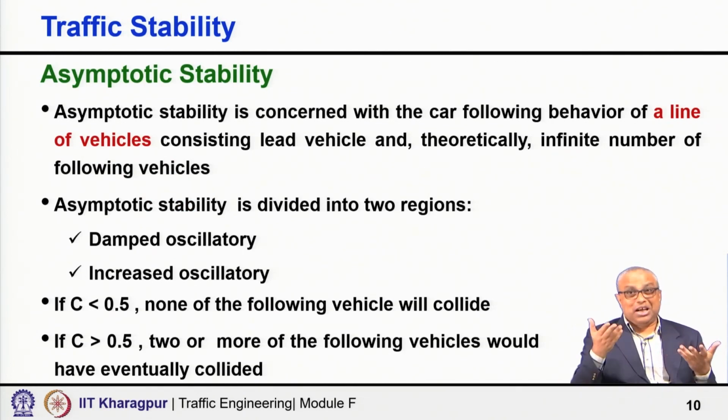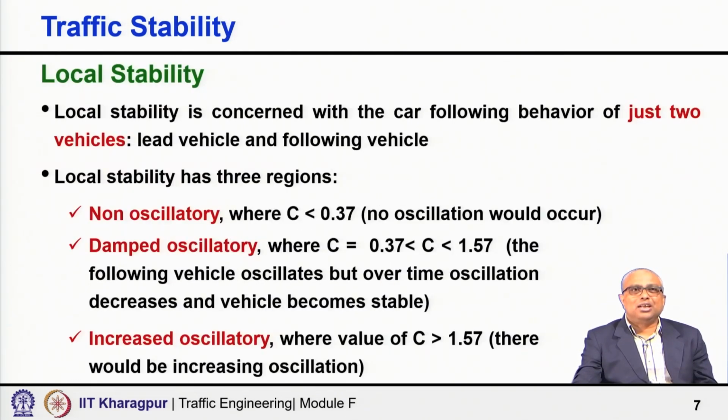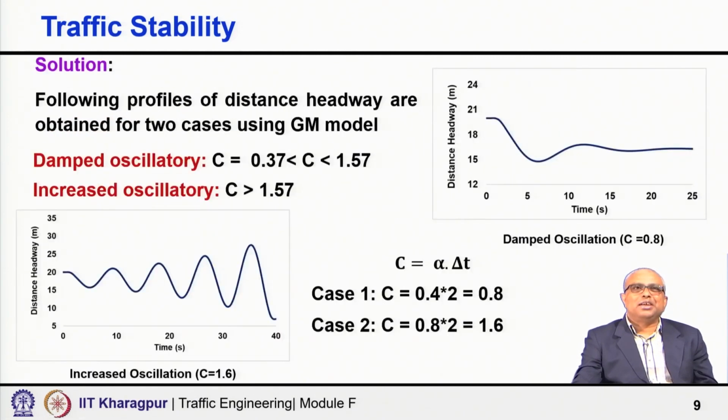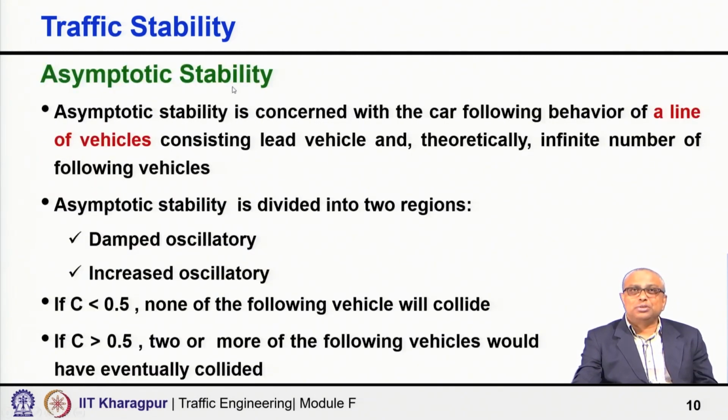Now, the other possibility is asymptotic stability. As I said, the first case was local stability, with only one lead vehicle and one following vehicle, a simple case. The second case is asymptotic stability.